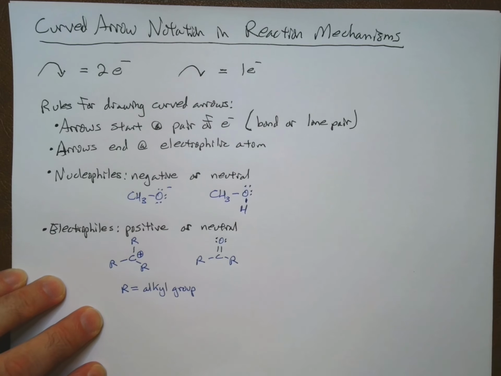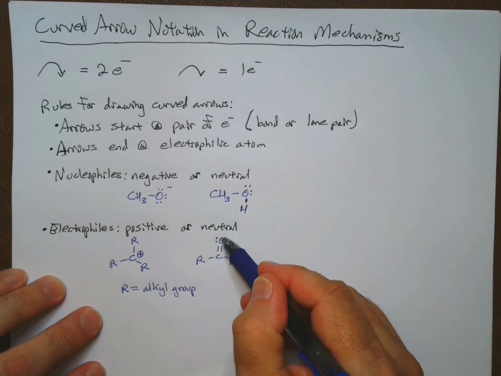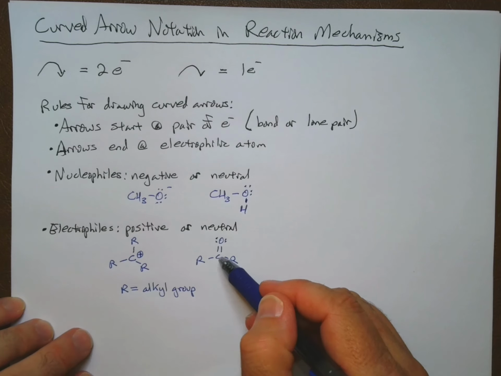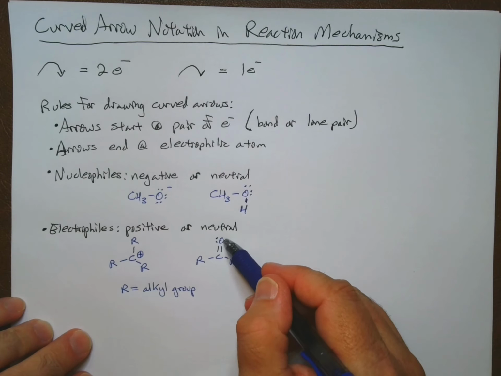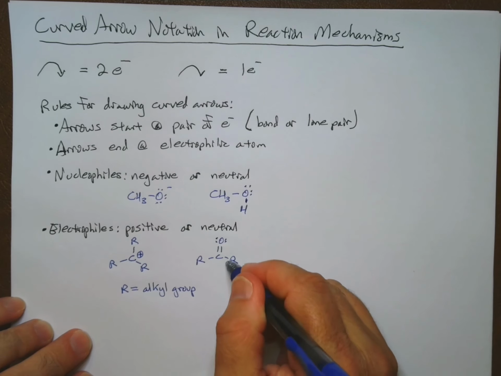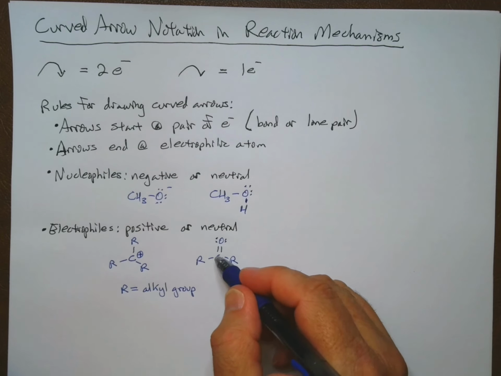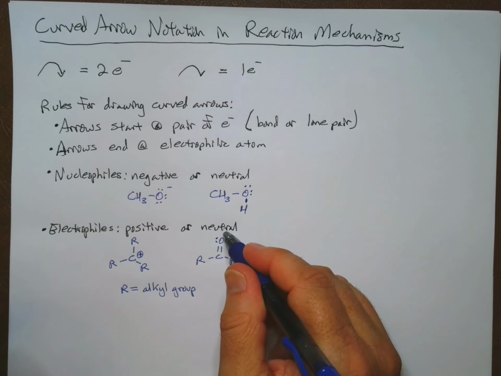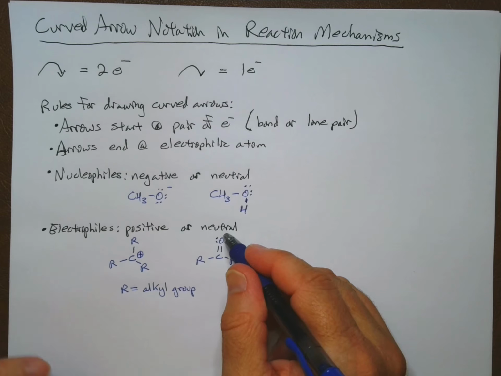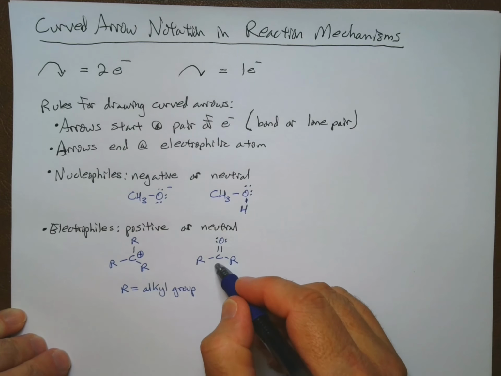And here I've got my carbonyl, which is polar, if you remember from earlier in the lecture, partial positive on the carbon, partial negative on the oxygen. This is an electrophile. This oxygen is not nucleophilic. The carbon is electrophilic, however. After maybe we get it to react and we have an O- charge on there, depending on our mechanism, now that could be a nucleophile, but to start out with, this behaves like an electrophile.